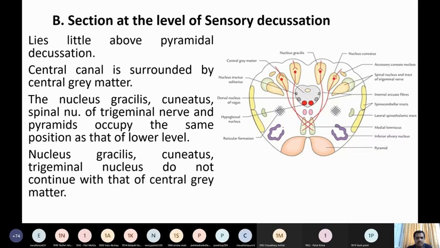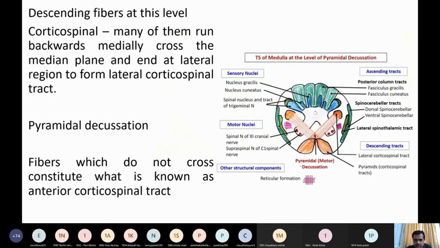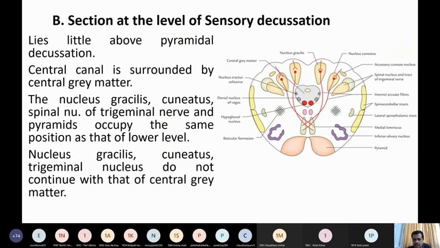Here the central canal is surrounded by the central gray matter. Earlier we saw the gray matter was like that of the spinal cord, whereas here the gray matter is divided into multiple sections, separated from each other. There is a central gray matter, and all the other nuclei got separated from it.